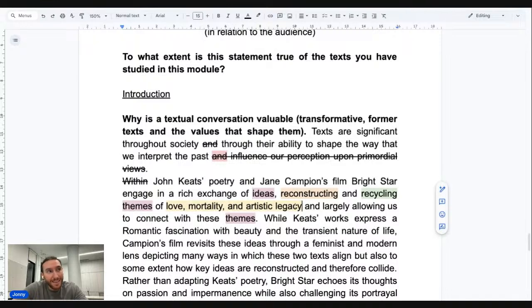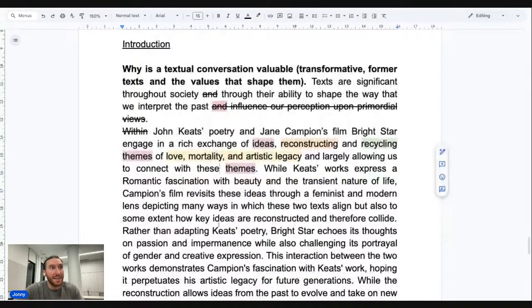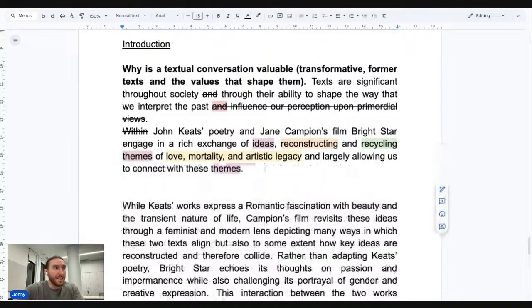The difference between listing themes and providing a specific concept is that you don't have any list. You actually just say one thing that basically is like a cause and effect relationship.